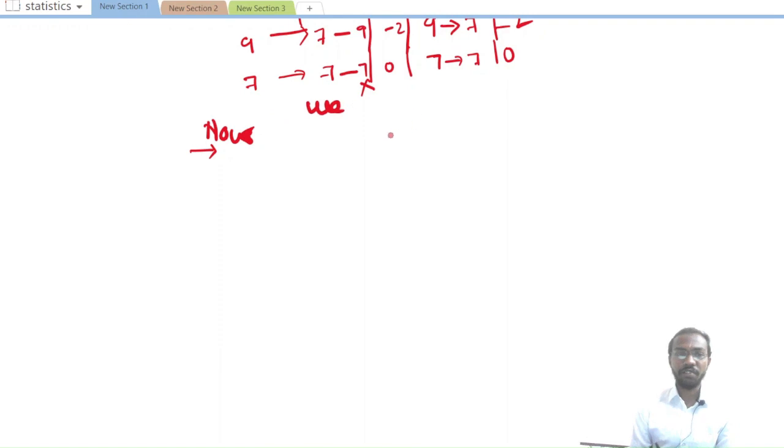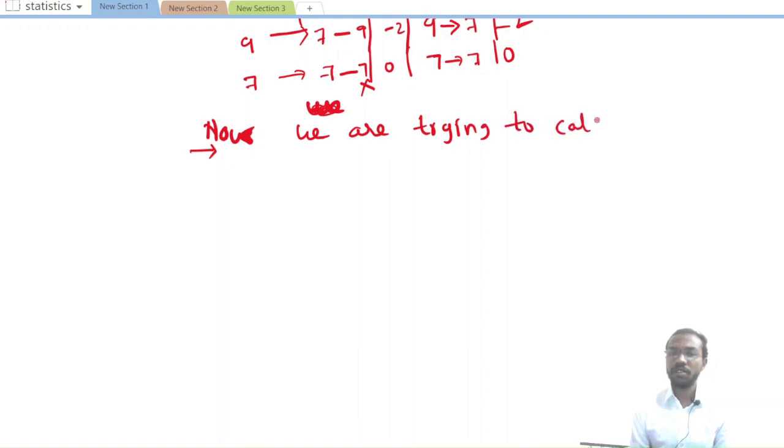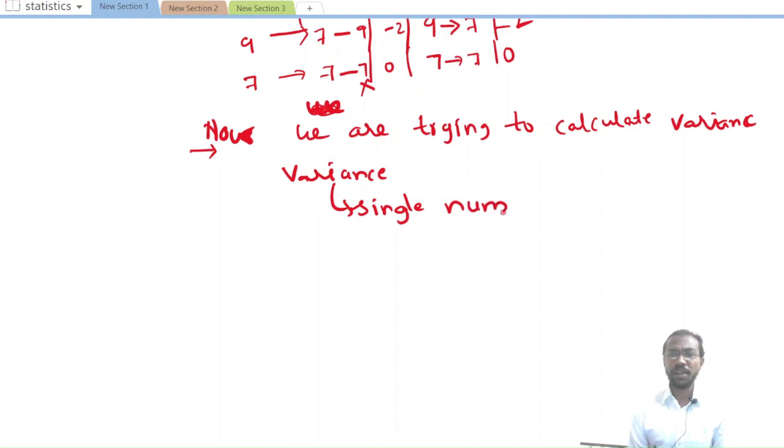Now we are trying to calculate the variance. Variance is a single term, a single number represented by spread.